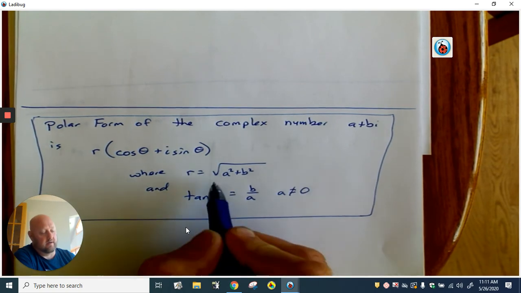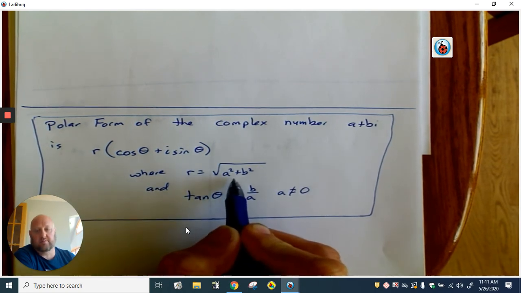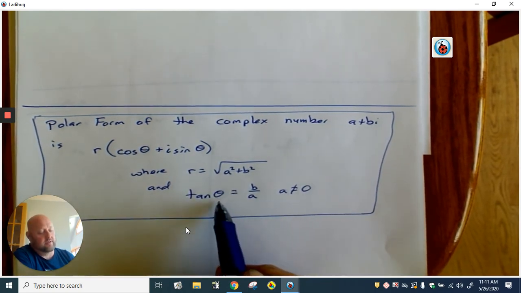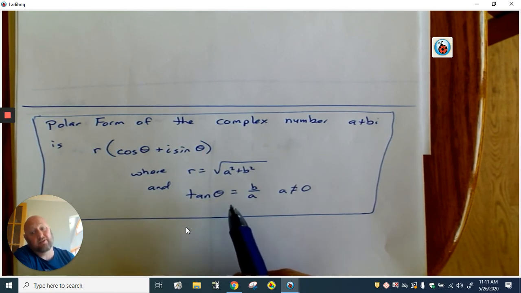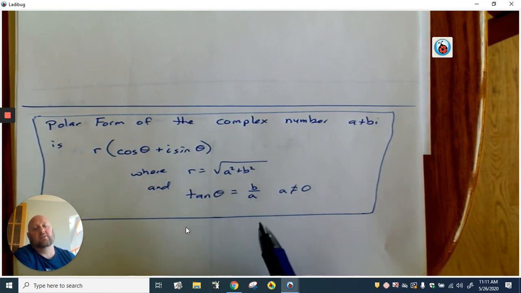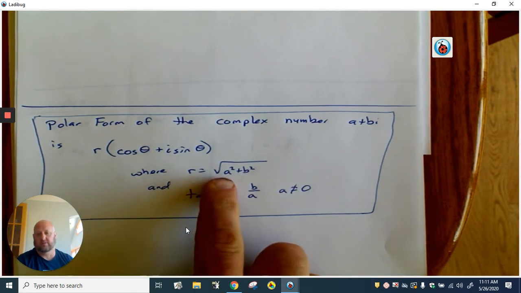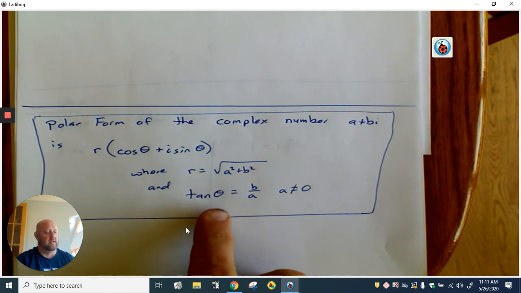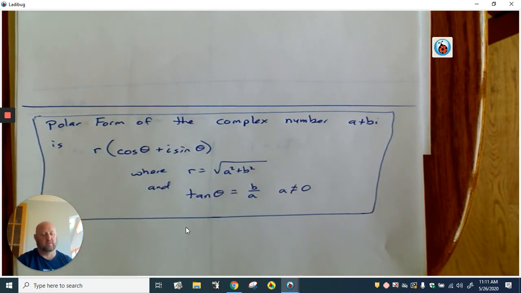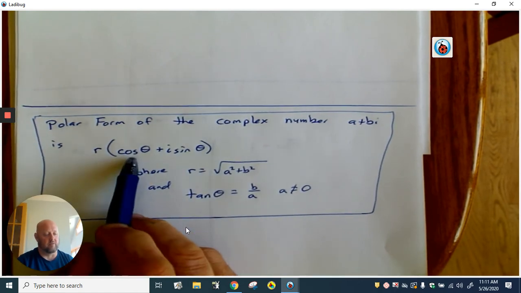Again, r is going to be the square root of a squared plus b squared, and yes, we're going to use the inverse tangent of b over a to find the angle, just like we did before. When we took points and put them in polar form, all we really used to find the radius was the Pythagorean theorem. We're doing the same thing. In order to find the angle, we're still just using the inverse tangent, just like we did before. But this is the general form.